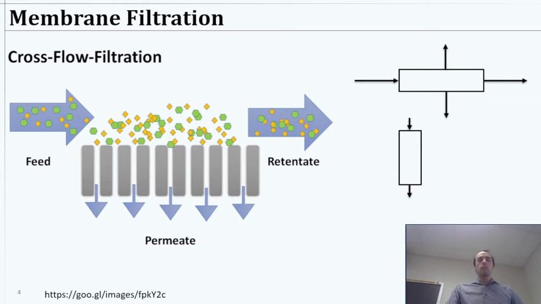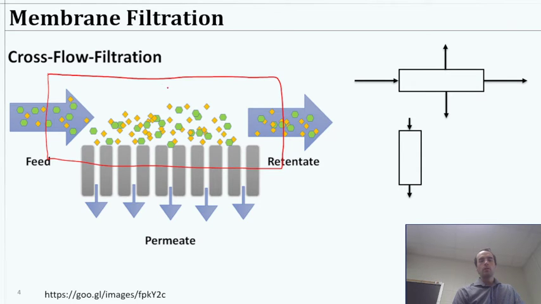So typically when we operate a membrane, like I mentioned, we want our feed flow that we need to treat coming in. We call it cross flow because what we'll essentially do is we will make some sort of a chamber like this, and we will pressurize that chamber.